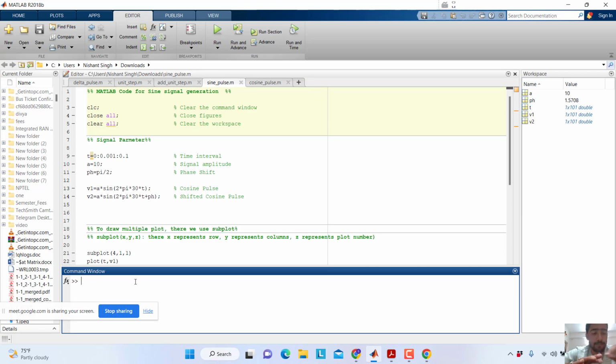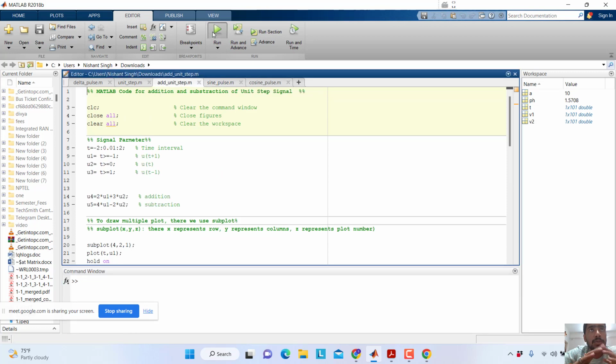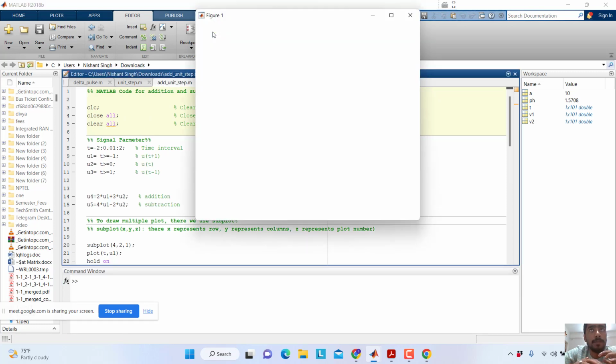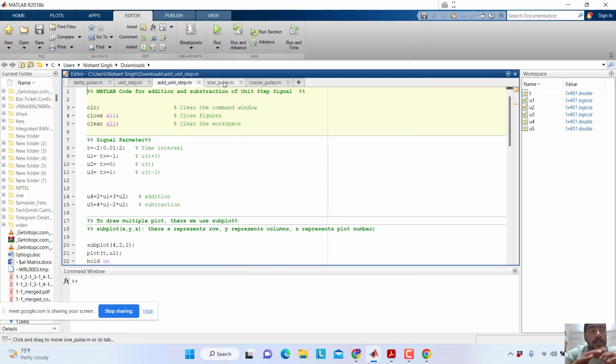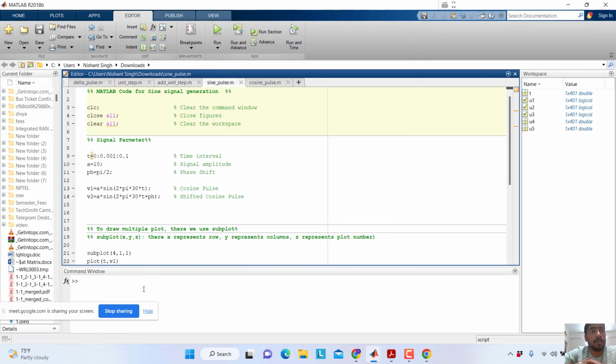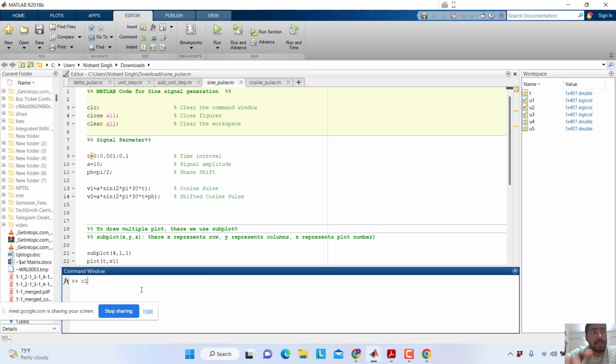Next we declare close all. Basically, it closes all figures. Suppose you run the code, but you want to close the previous figures. Type close all, and it will close the previous figures. Similarly, we use clear all, which clears the workspace.